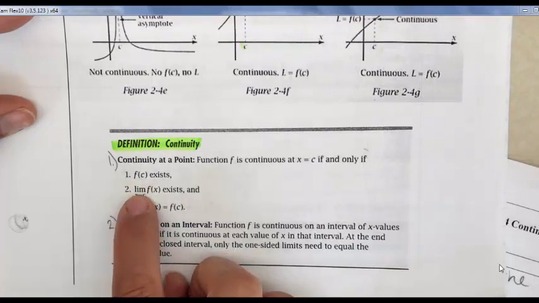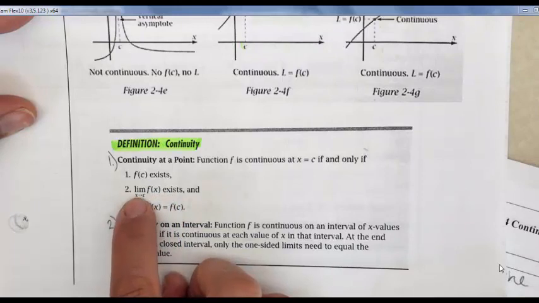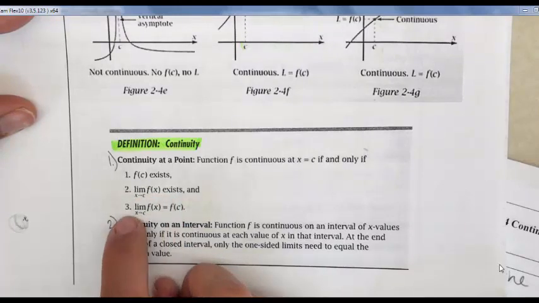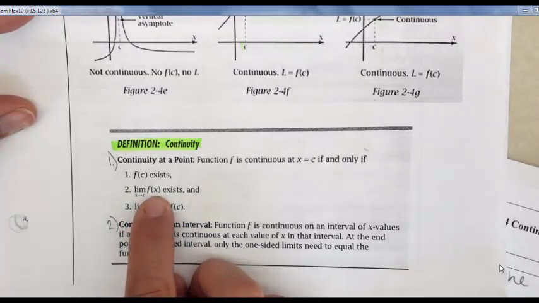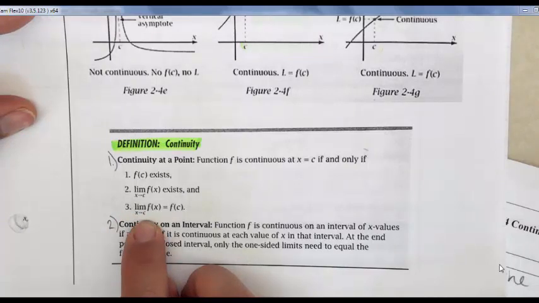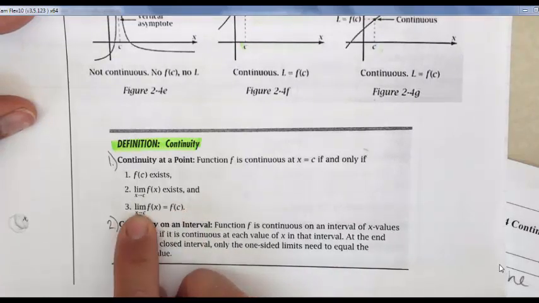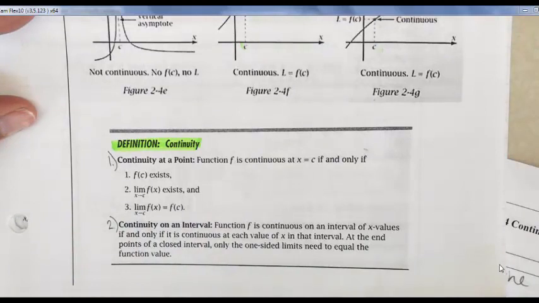Second, the limit has to exist, so for discontinuity, the limit would not exist, meaning the left and right limits are not the same. And third, the limit as x approaches c of f of x would not equal f of c, which is the very last thing that makes it discontinuous.